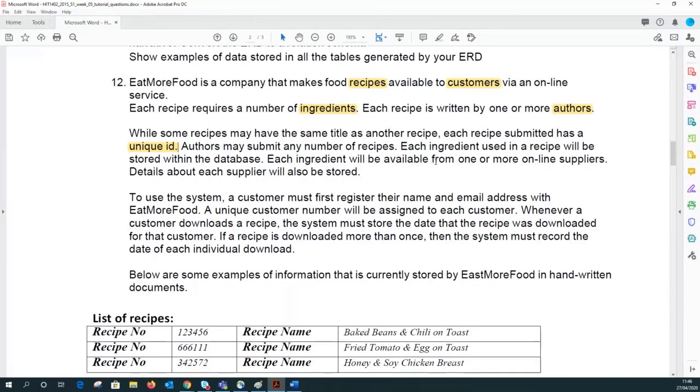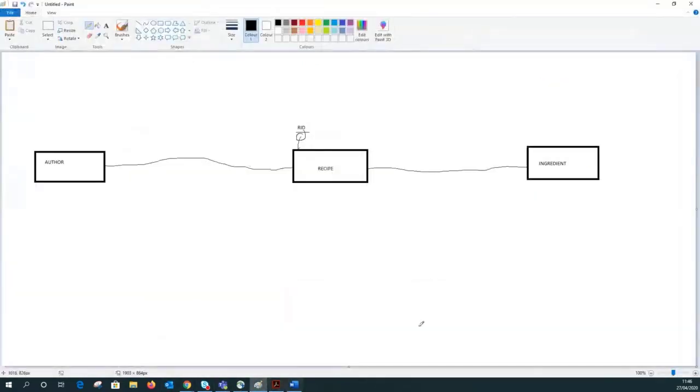Each ingredient will be available from one or more online suppliers. Now they're talking about suppliers. Okay, looks like another entity, right? So let me capture that as well first. So ingredients are supplied by the suppliers.